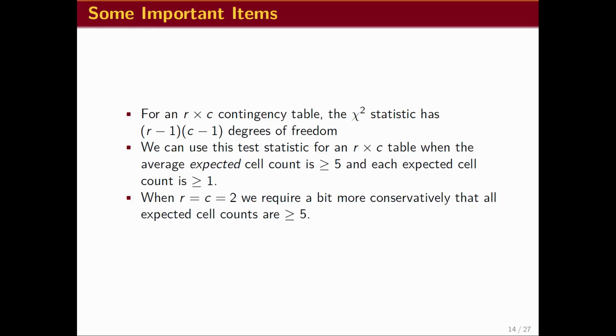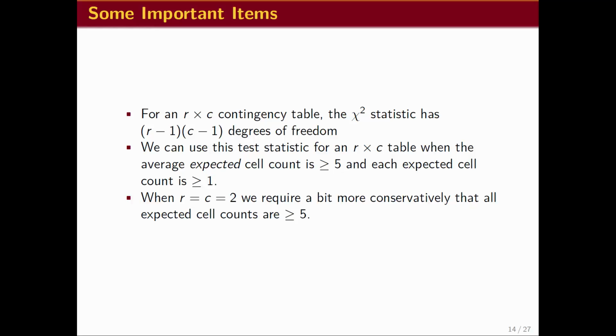Okay. Anyway, so as we said, for these larger contingency tables, the chi-square statistic has (r-1) by (c-1) degrees of freedom. And so we typically can use the chi-squared approach for these tables under a slightly less restrictive assumption than for the 2x2 table, which is that the average expected cell count is greater than or equal to 5, and each expected cell count is greater than or equal to 1.